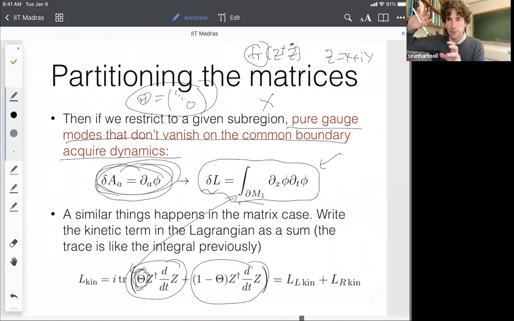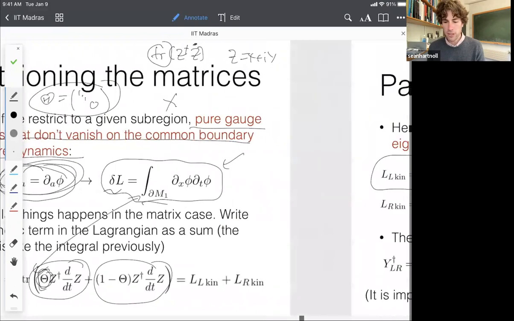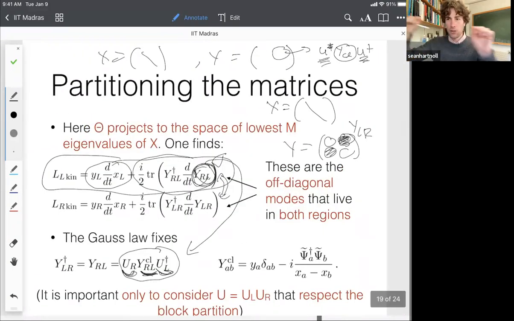So these off-diagonal matrix elements are analogous to links. What this construction does is identify a subset of the unitary transformations that don't leave these off-diagonal terms invariant, analogous to how there are some gauge transformations that don't leave the boundary invariant.